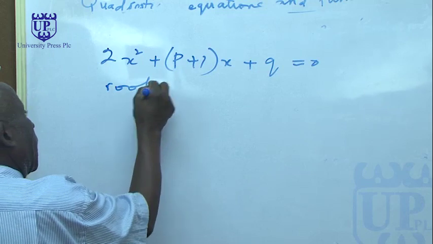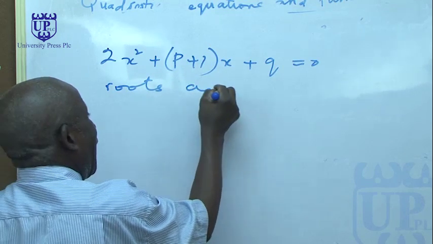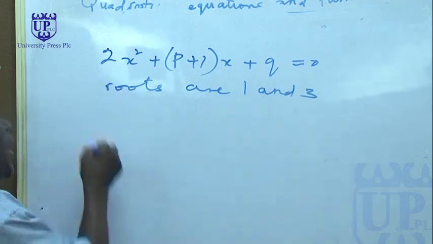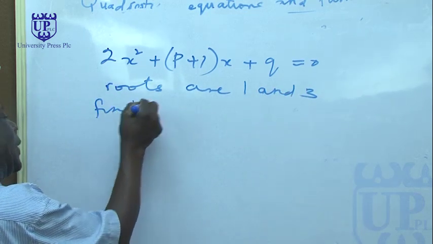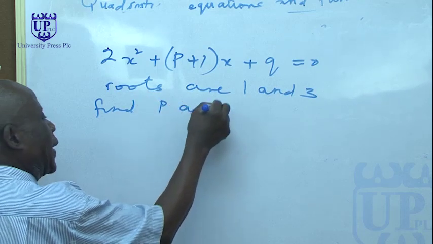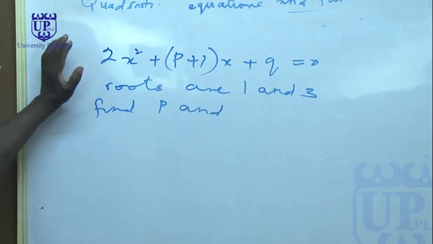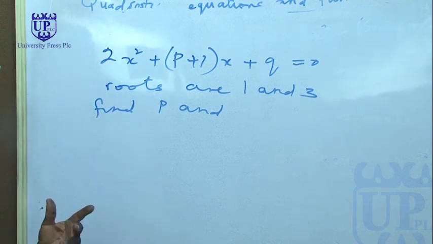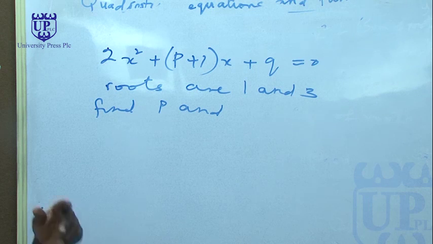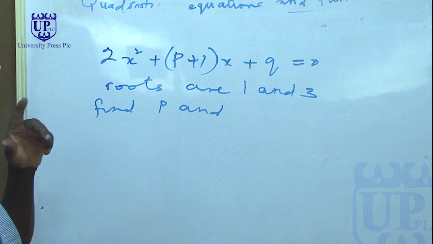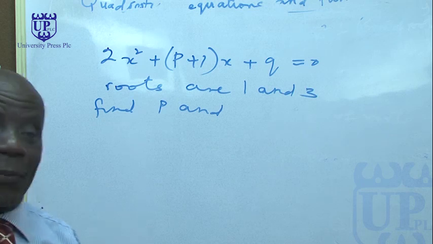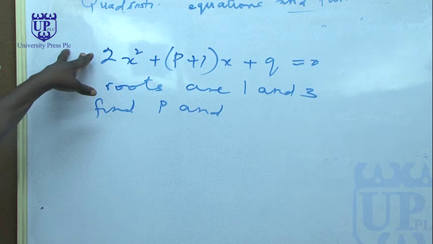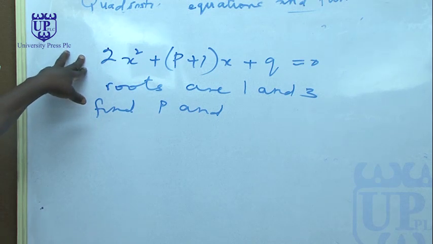Then the question says find p and q. Because of our time, I only want you to see what they are saying. You remember the other time I gave you the formula: x squared minus sum of roots x plus product equals 0. But if your mind flashes to that area, yes sir.